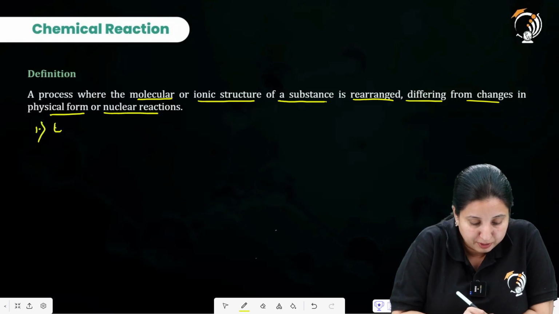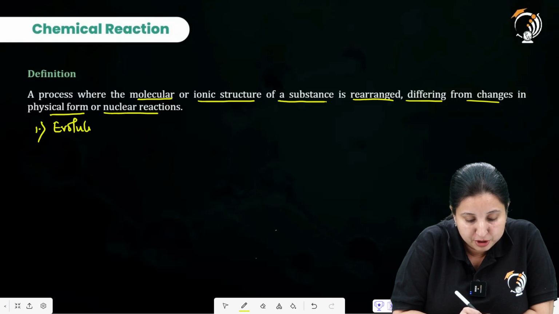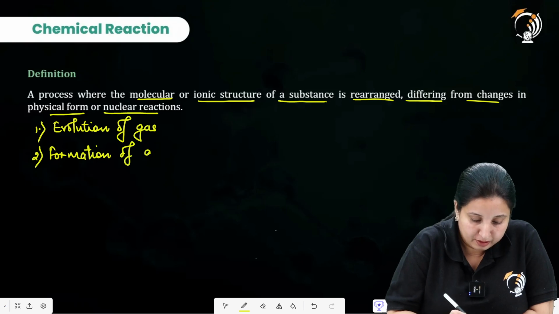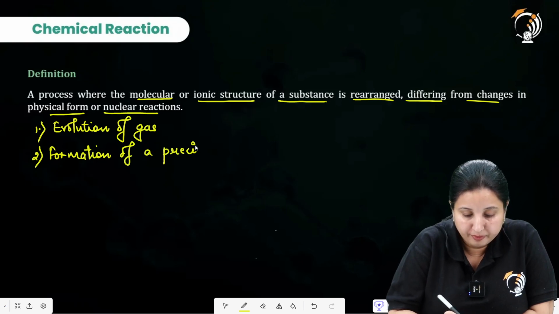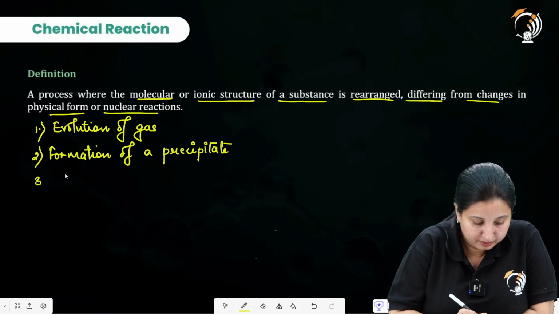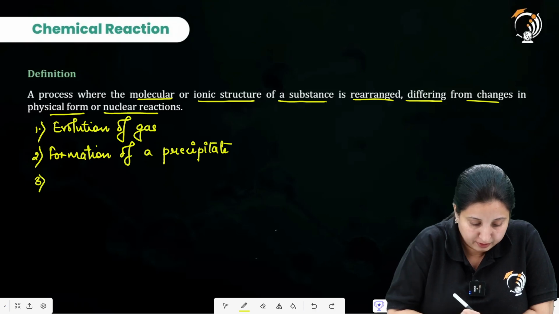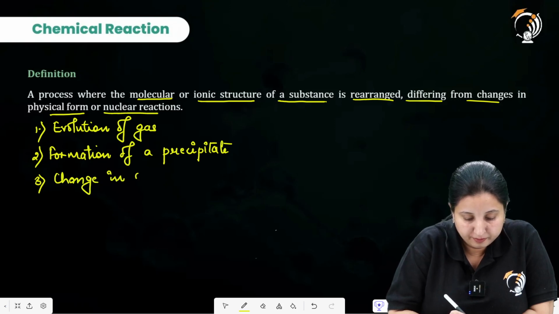The first factor is going to be the evolution of gas. The second factor will be formation of a precipitate. Then the third factor is going to be change in color.